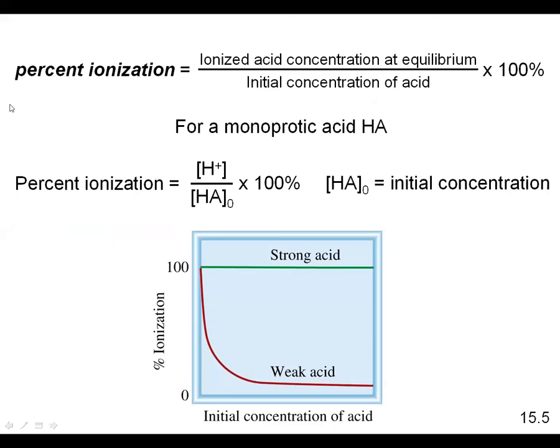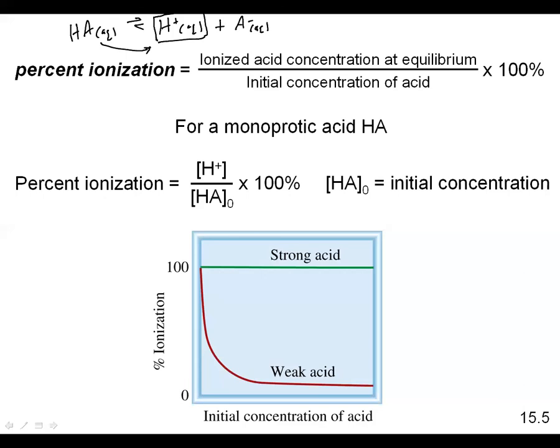If we calculate the percent ionization of an acid, when we talk about an acid being ionized, going through dissociation, what we're talking about really is how much H plus comes off from the acid. So how much of the acid is basically heading in that direction.